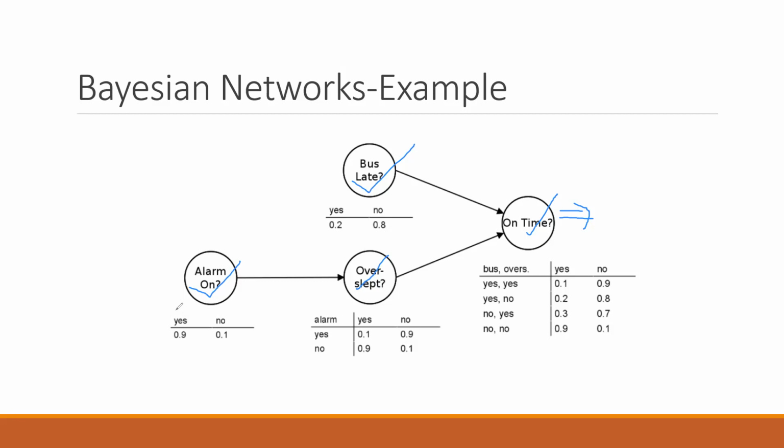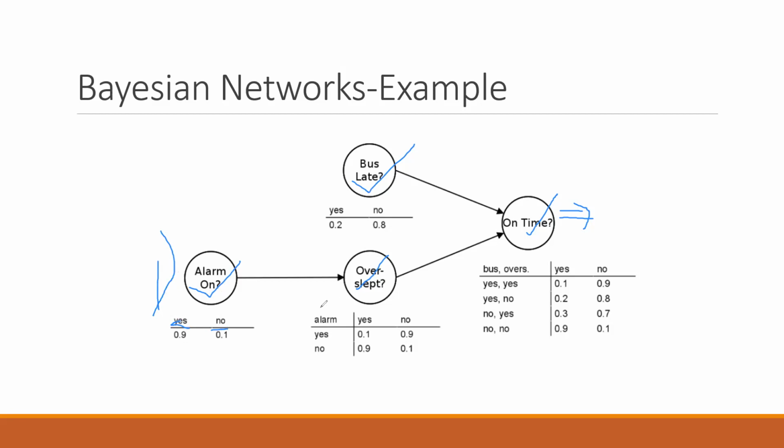First, we will talk about alarm is on. There will be only two conditions: the alarm is on or it is off, so here we have yes and no, and the probabilities for yes and no are given to us. Second, moving on to overslept. This is dependent on whether the alarm is on or off.